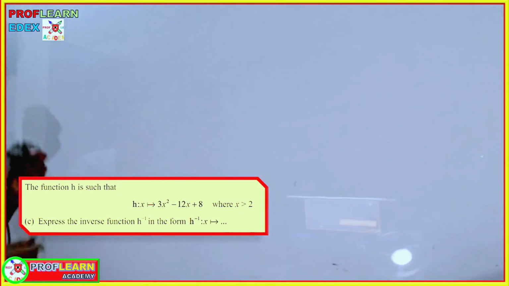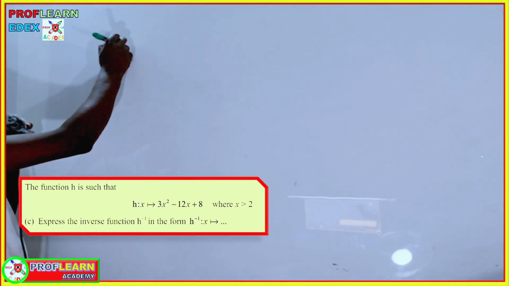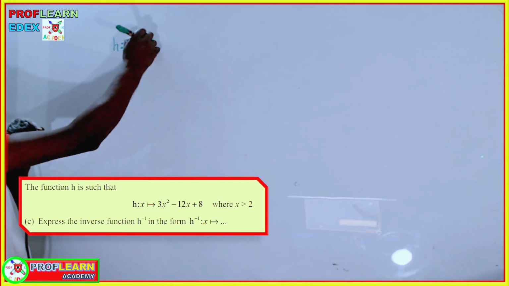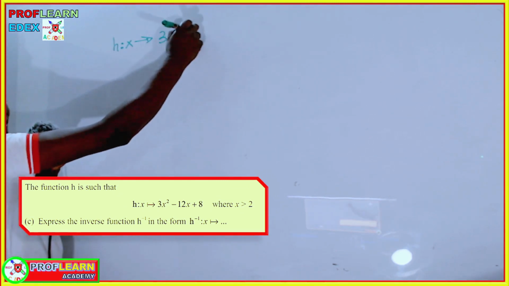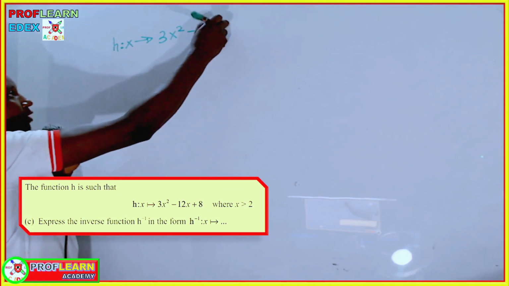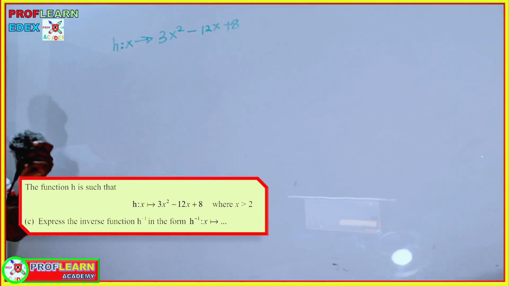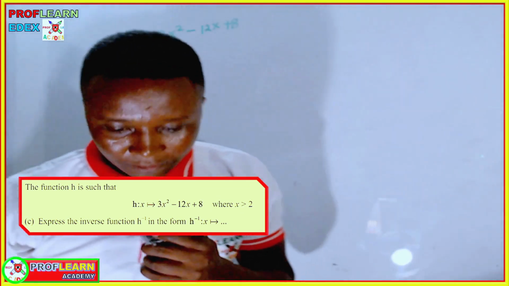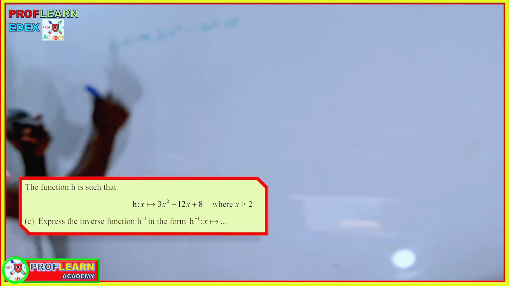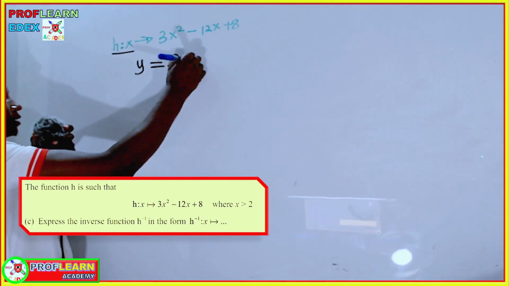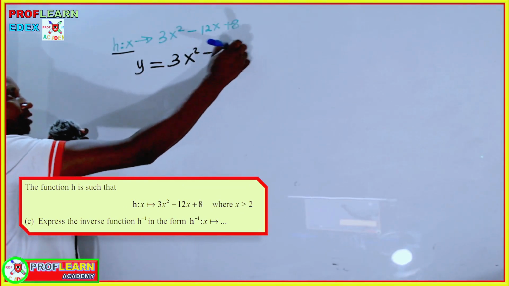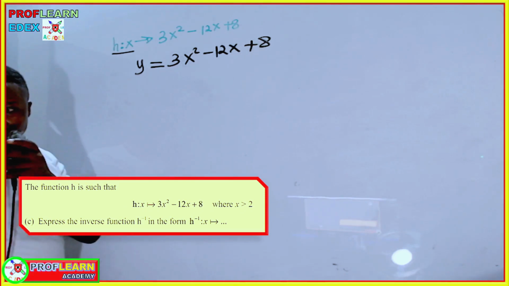So in this part here, now we have h such that x is mapped to 3x squared minus 12x plus 8. So the first step, whenever you are trying to find the inverse of a function, the first thing is to change this part to y. So we shall have y equals 3x squared minus 12x plus 8, like that.